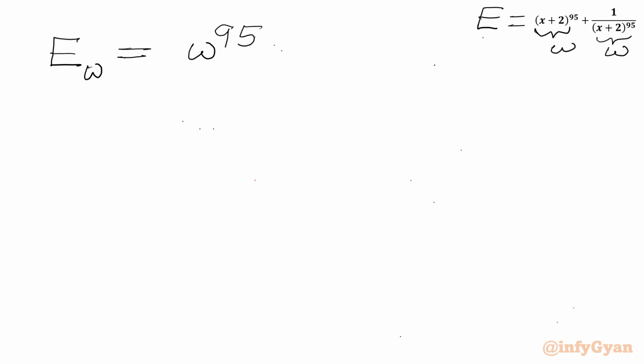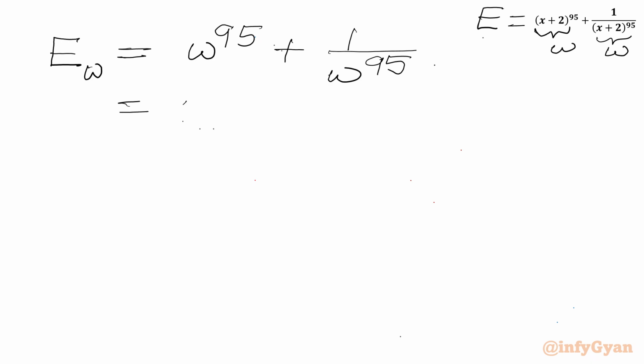Let me write here E of omega, for x + 2 equal to omega. Expression E is here. So I will write omega^95 + 1/omega^95.